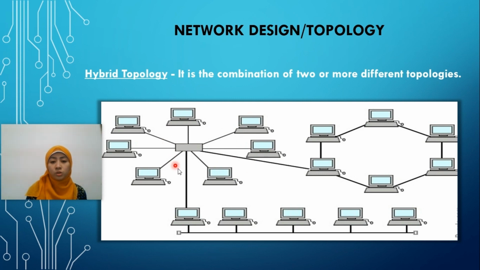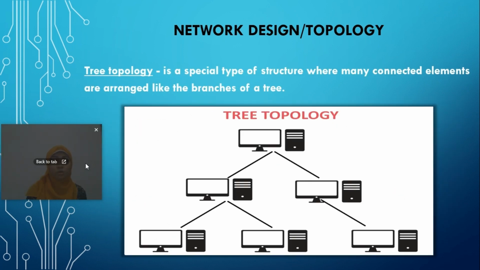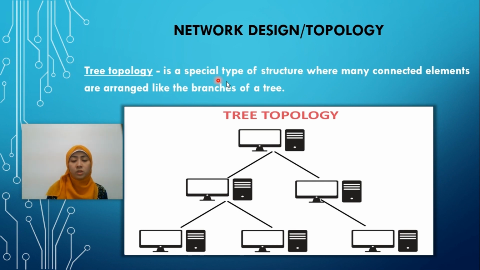This is a star topology connected with a bus topology and a ring topology. And we also have tree topology. Tree topology is a special type of structure where many connected elements are arranged like the branches of a tree. So like this. It forms a figure of the branches of a tree.